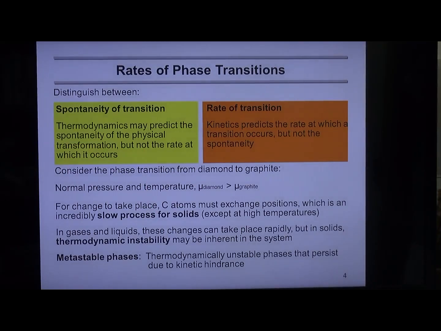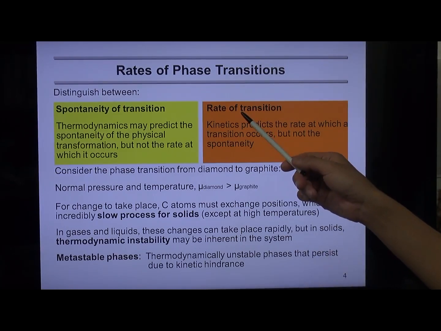So, based on thermodynamic knowledge, we can determine which phase is more stable and which transition is spontaneous. But that does not tell us anything about the rate of transition, how fast that spontaneous process occurs.